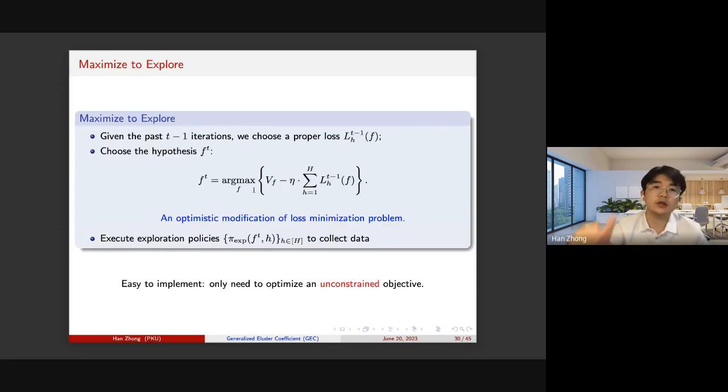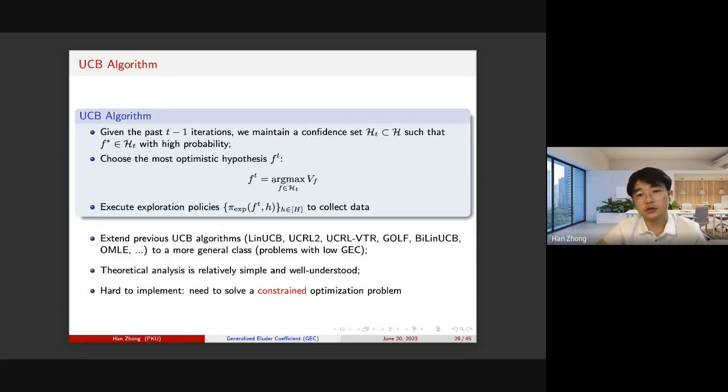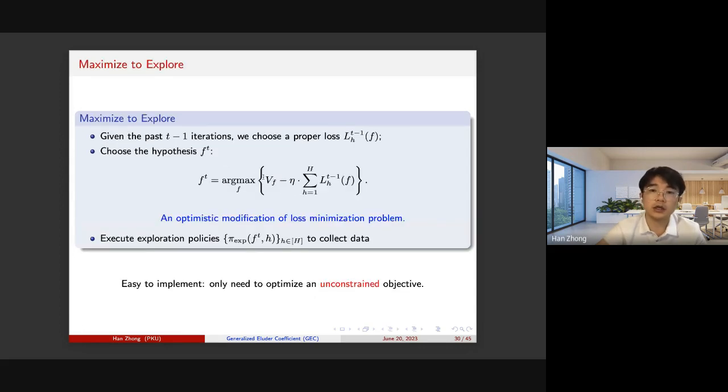The key point of our maximize-to-explore algorithm is that we don't need to solve this constrained problem, and this may guide practice. In our following paper, we have some experimental results implementing this. But from the theory, it's hard to say the algorithms for general function approximation have polynomial time.